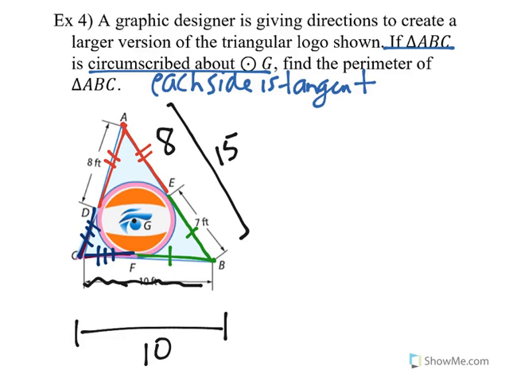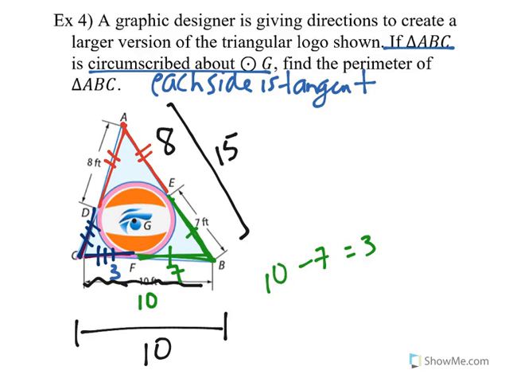And if I look, EB is congruent to FB. So if EB is 7, FB is 7. If the whole thing is 10 and FB is 7, whatever is left is 10 minus 7, which is 3. So CF is 3.